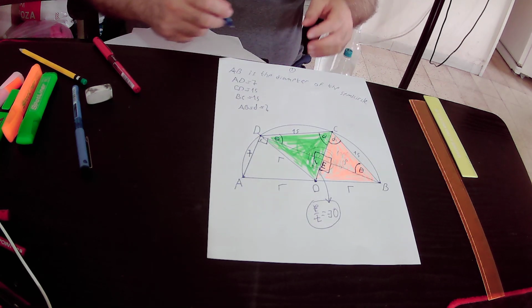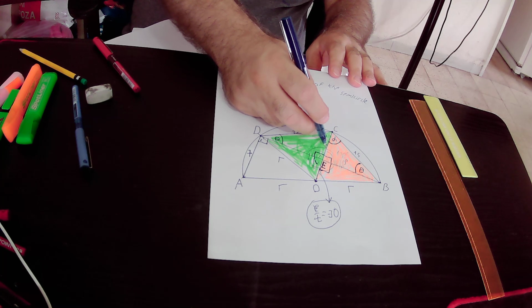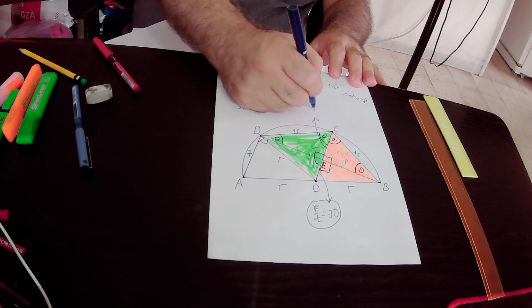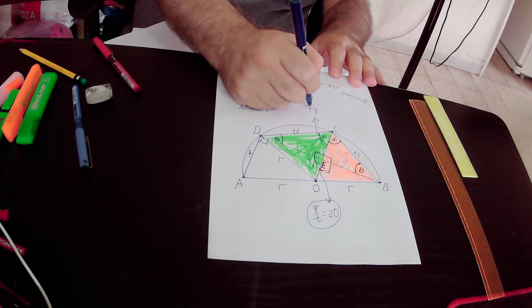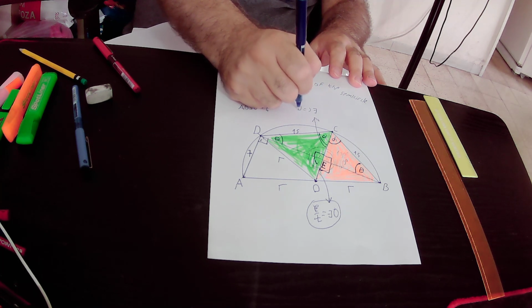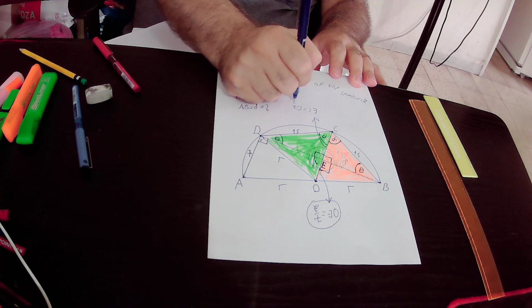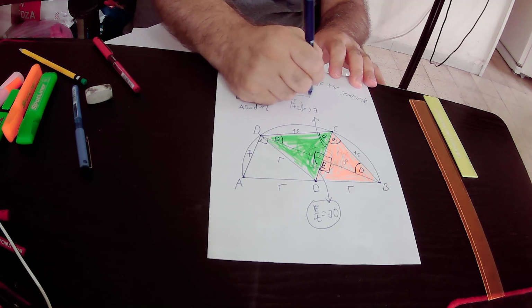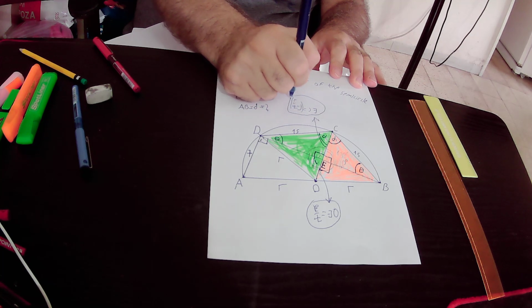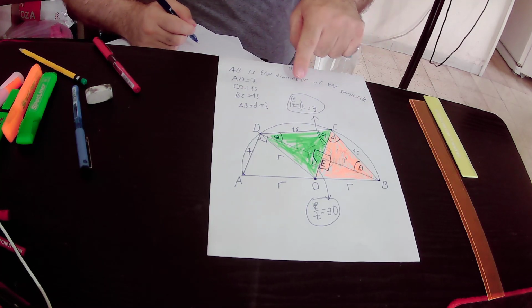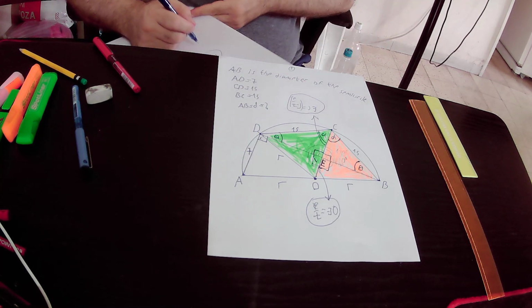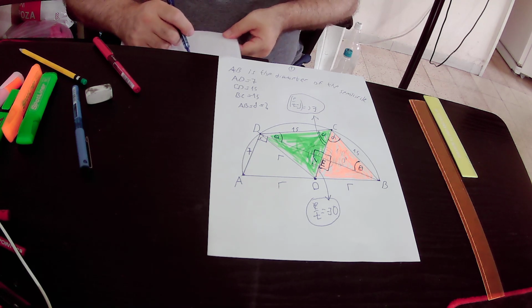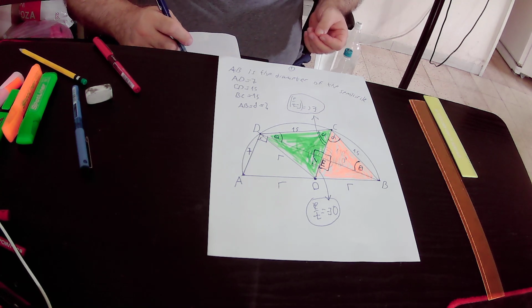So we can write here that EC equals R minus 7/2 units. Okay, EC equals R minus 7/2 units.